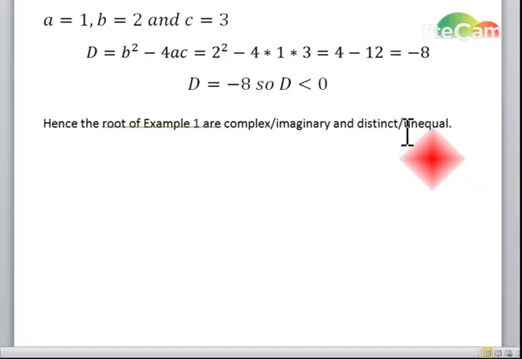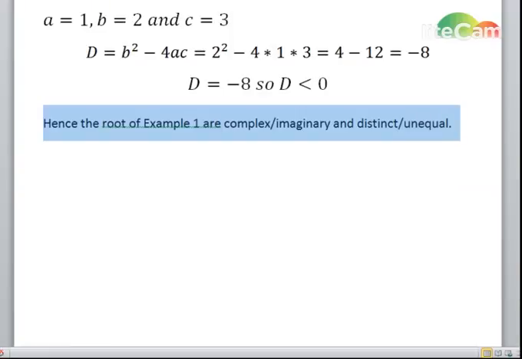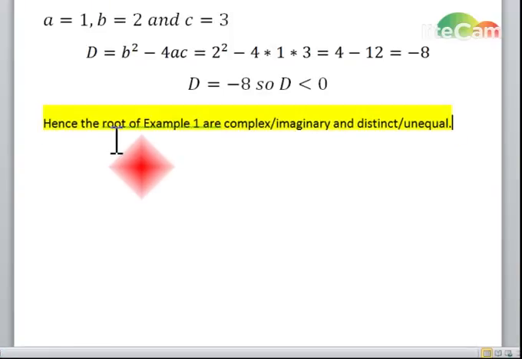We can prove this statement, that the roots of example 1 are complex, imaginary, distinct and unequal, by using the quadratic formula.